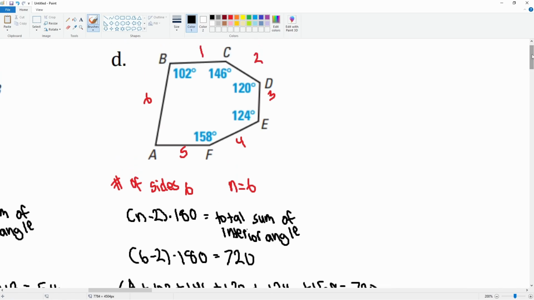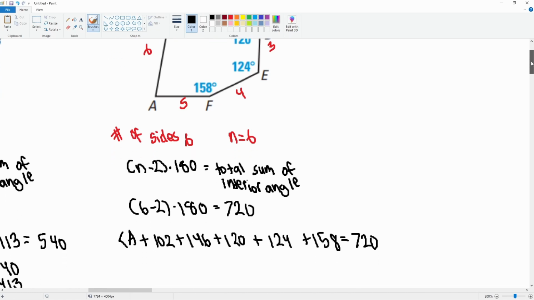So all my interior angles here, 102 plus 146 plus 120 plus 124 plus 158 is 650. So angle A plus 650 is equal to 720.